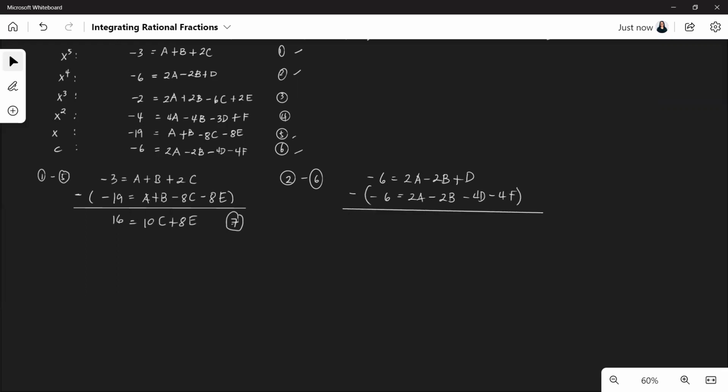Negative 6 minus negative 6 is 0. 2A minus 2A is also 0. Negative 2B minus negative 2B is also 0. D minus negative 4D, that's 5D. And then 0F minus negative 4F, that's plus 4F. So let this be equation number 8.